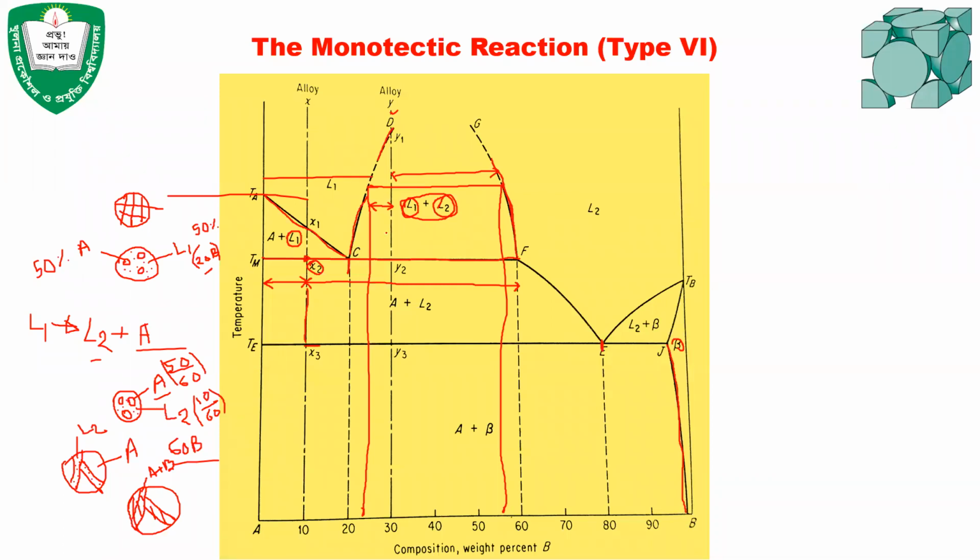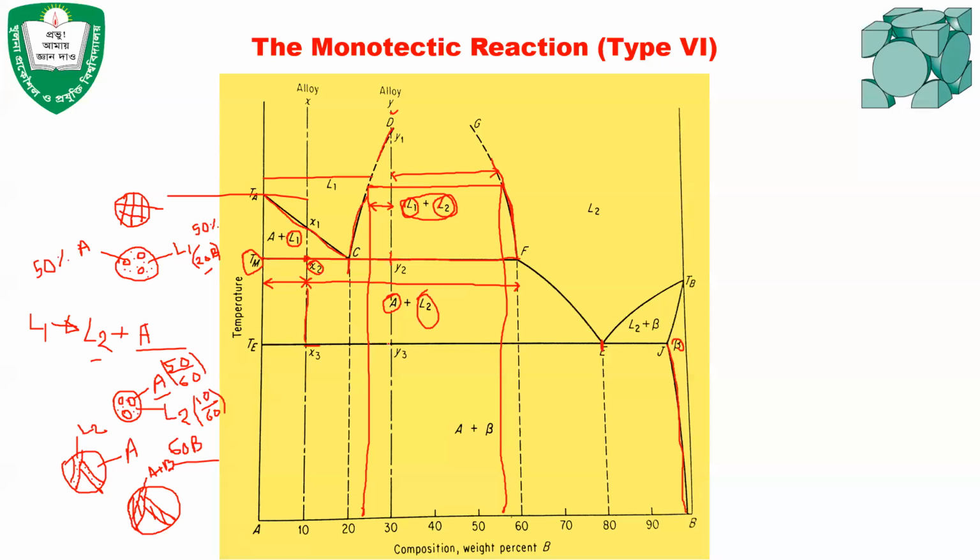and liquid 2. And when the temperature drops and reaches Y2, then the liquid 1 will have a composition of 20B, which is a favorable condition for the monotectic reaction to take place. Then liquid 1 reacts to form solid A and more liquid 2. That means the percentage amount of liquid 2 will increase, and also solid A will be produced.